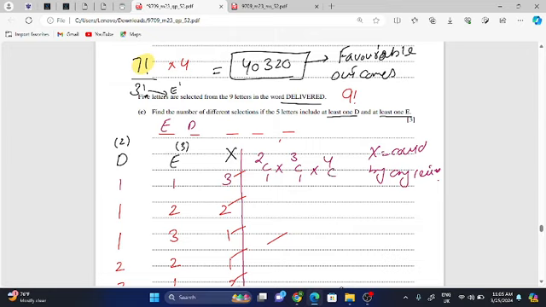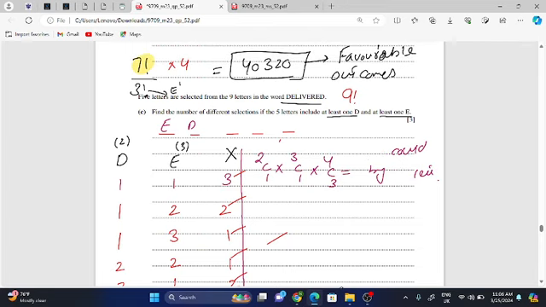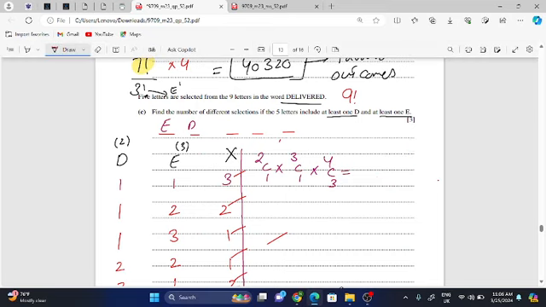So X could be 4, out of which I am taking 3. That will give me the answer. Once you solve on your calculator, 2C1, 3C1, 4C3 is coming as 4.